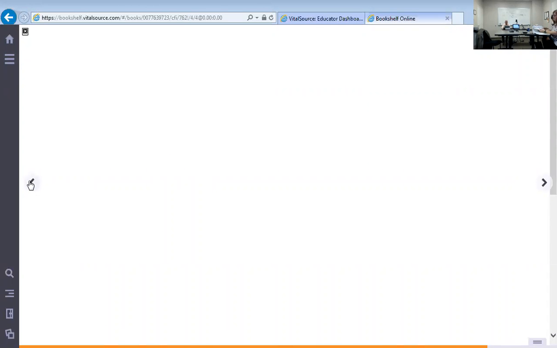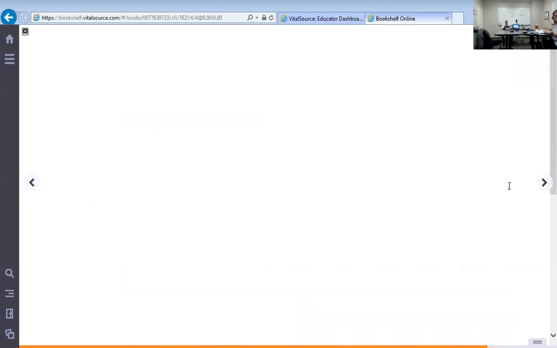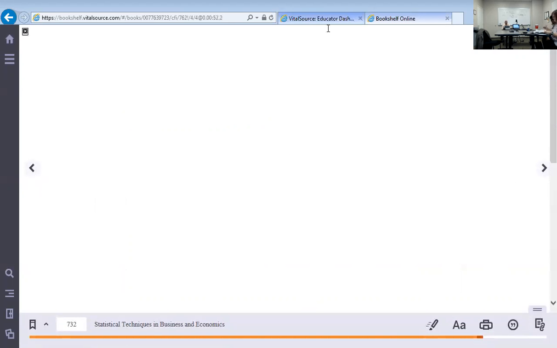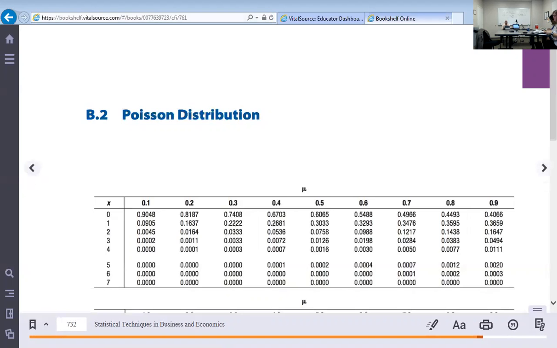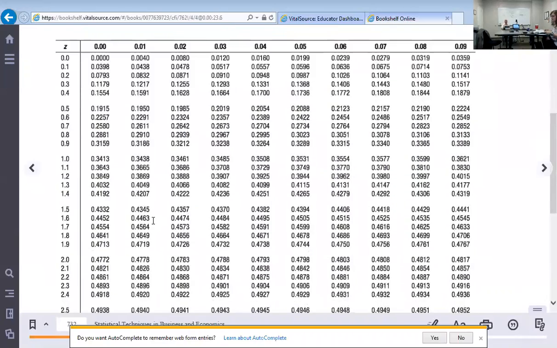Here we go, page 732. So what did we calculate? Our Z-score was negative 2.1.